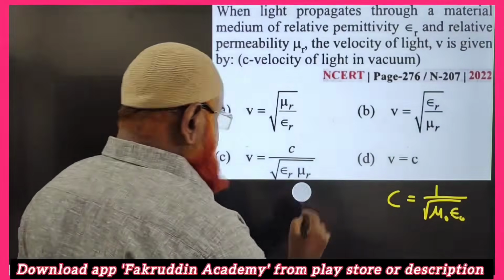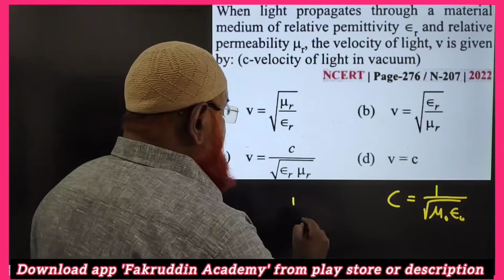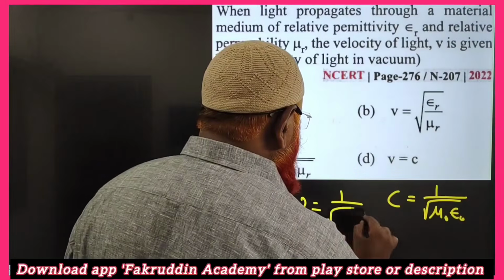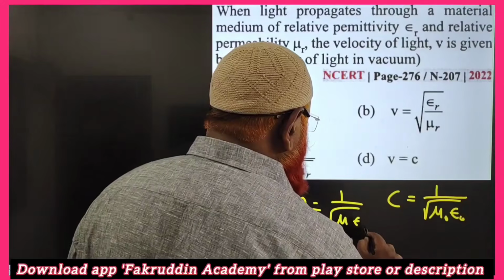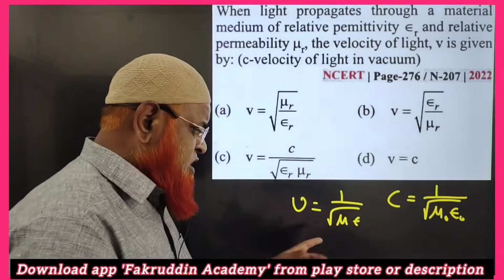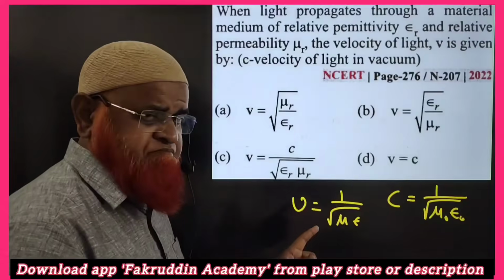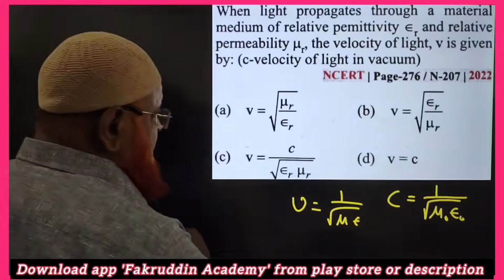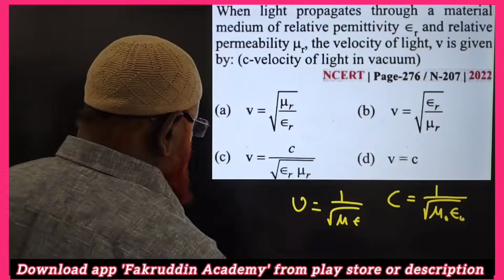Now, velocity of light in a medium is given by 1 by square root of mu epsilon. This is for medium. Now, he is asking us to find out V by seeing the four options.